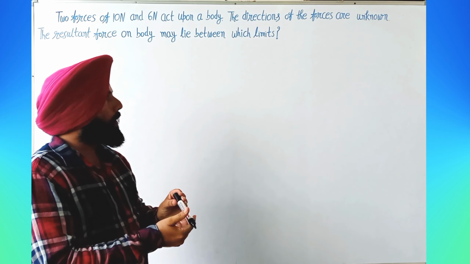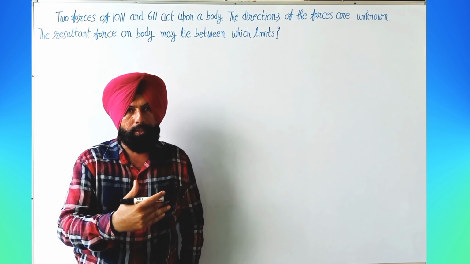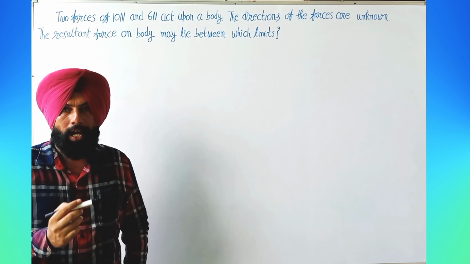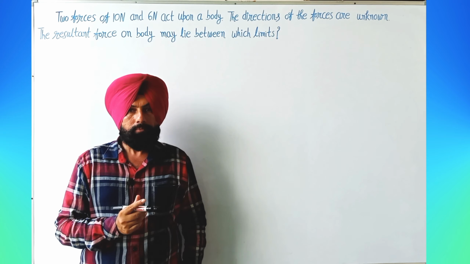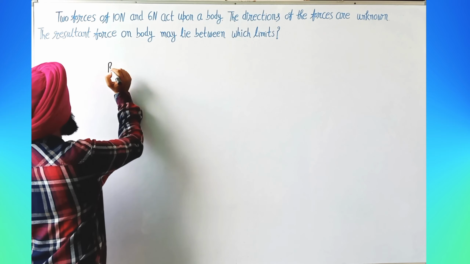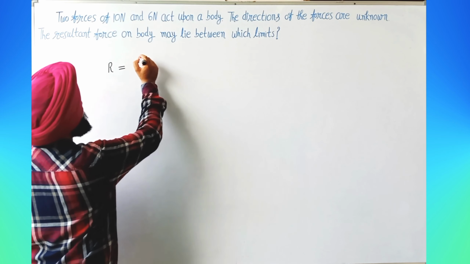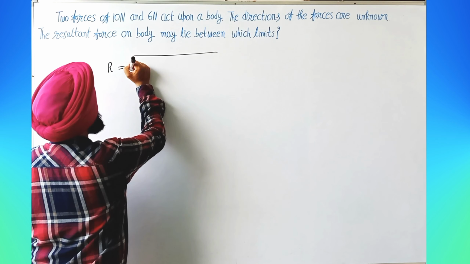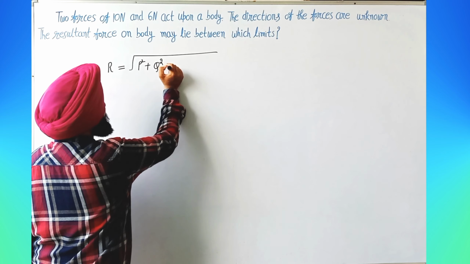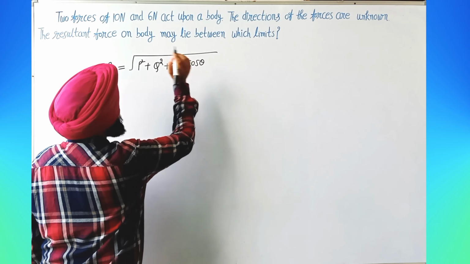So for it, when two forces act on a body simultaneously having directions as well as magnitude, then the resultant vector R equals square root of P square plus Q square plus 2PQ cos theta.